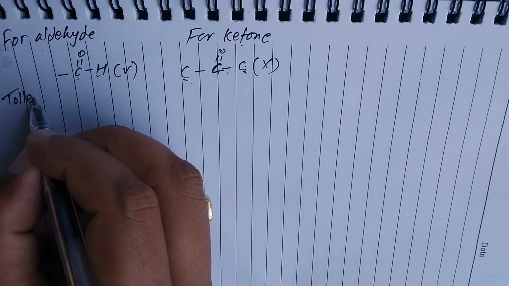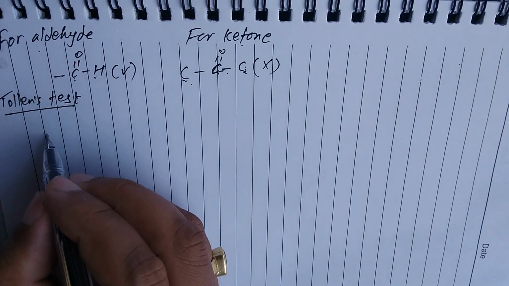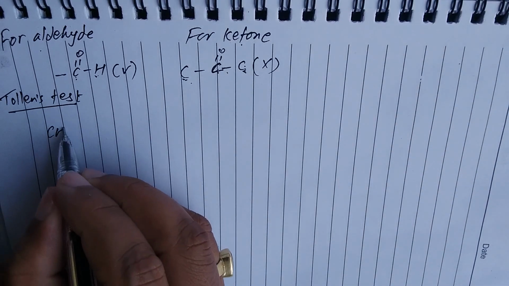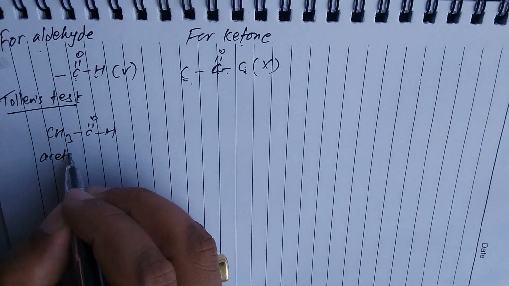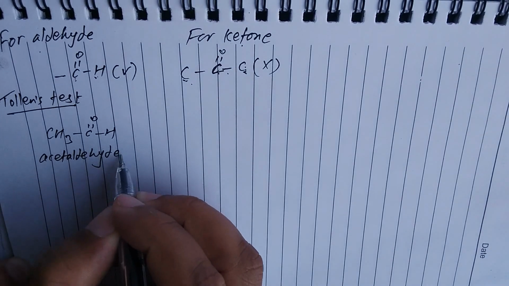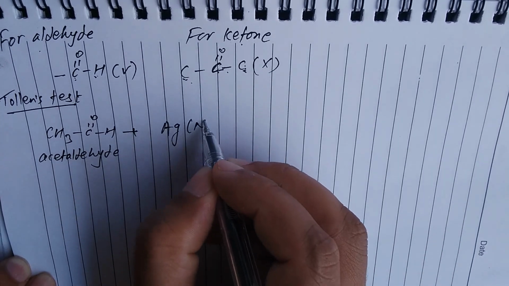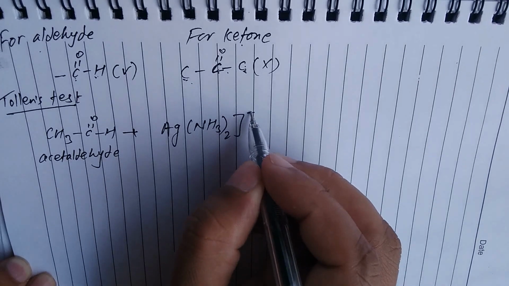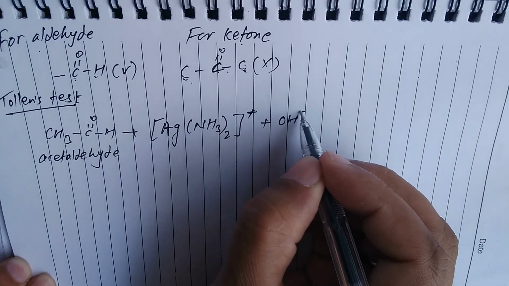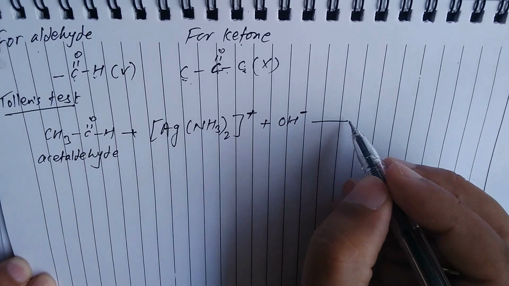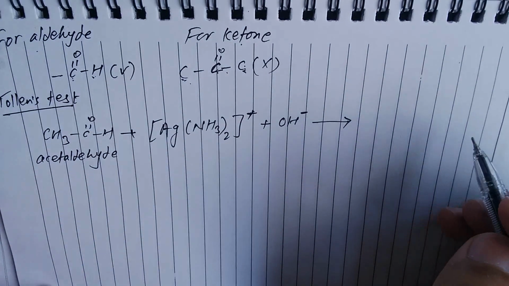Let us see Tollen's test. Example for aldehyde, the second member of aldehyde, CH3 C double bond O H, acetaldehyde, reacts with Tollen's reagent. Here Tollen's reagent is Ag(NH3)2 plus OH minus. Then silver mirror is formed.